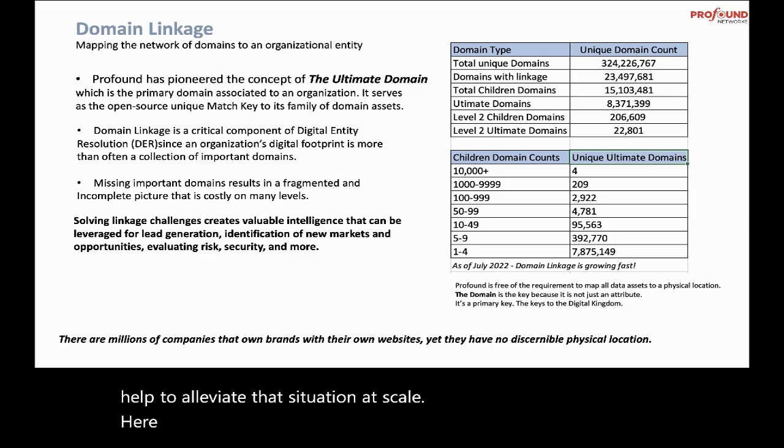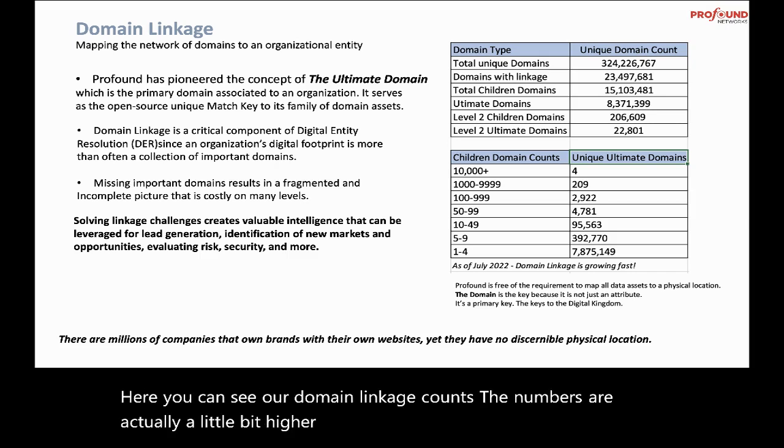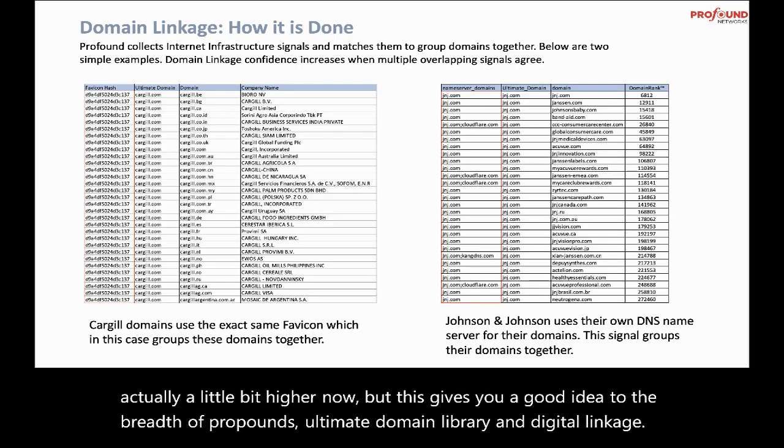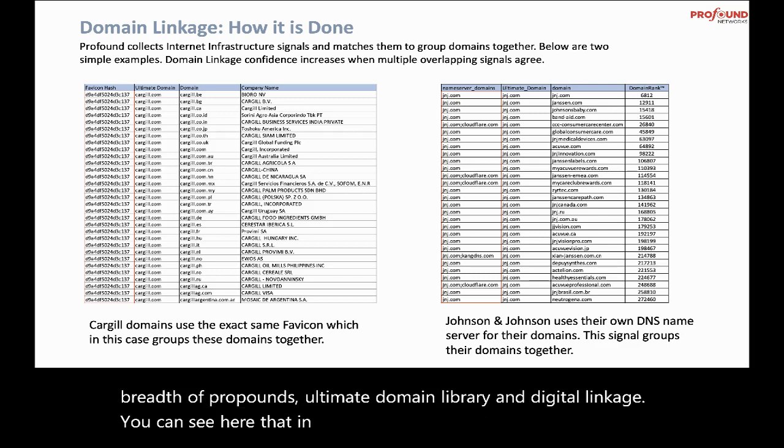Here you can see our domain linkage counts. The numbers are actually a little bit higher now, but this gives you a good idea as to the breadth of Profound's ultimate domain library and digital linkage. You can see here that in the example of Cargill, they all share the same favicon hash.